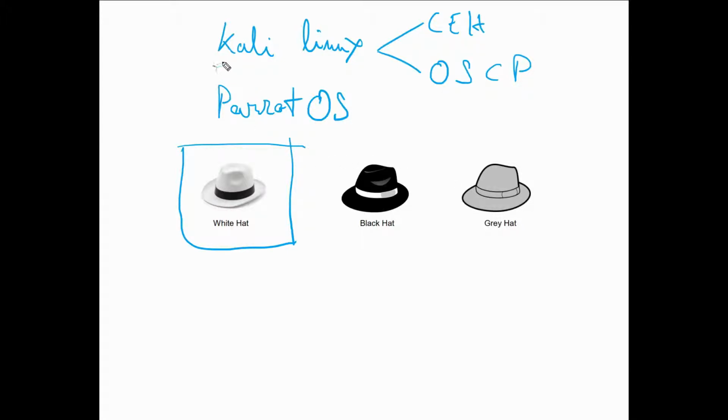And in case you have a package that you'd like to have on Kali, you can simply install it. Personally, I prefer Kali because I got used to it. It's quite easy for me to interact with, and like I said, it's also used to study for two exams, CEH and OSCP.